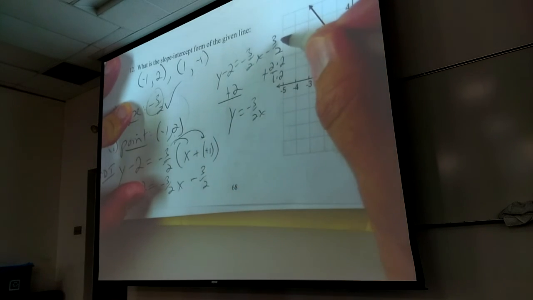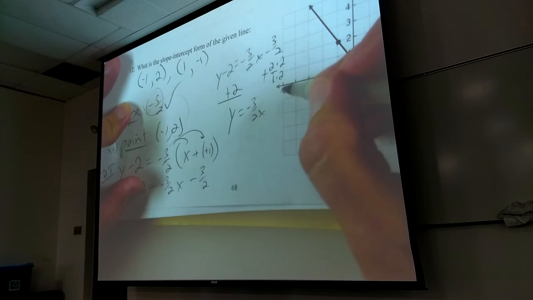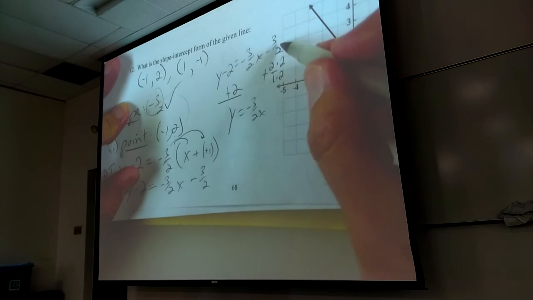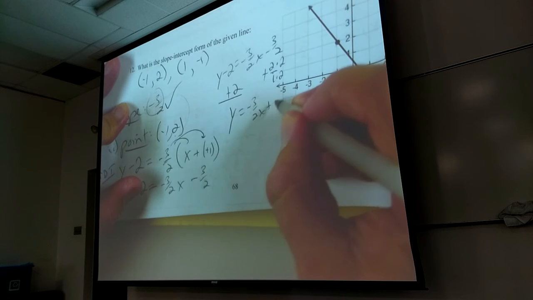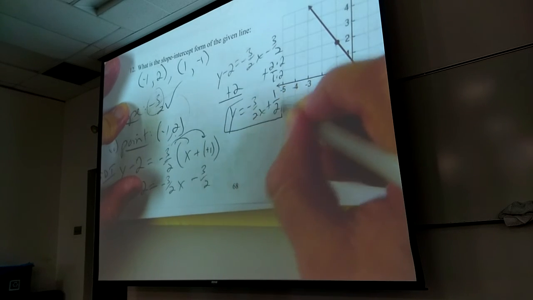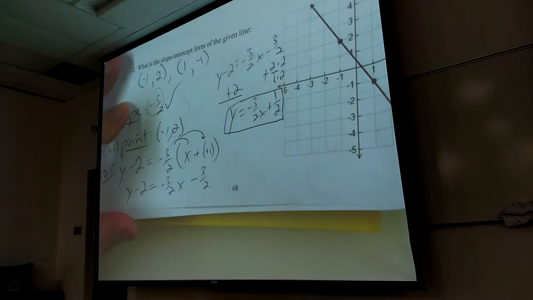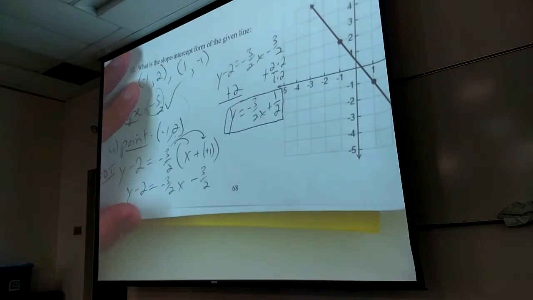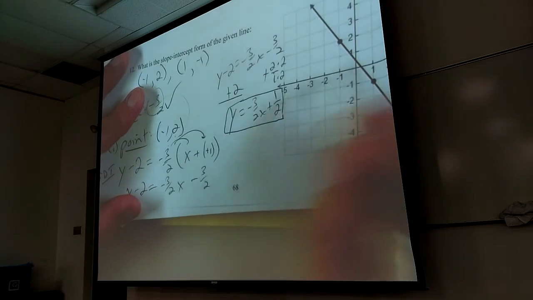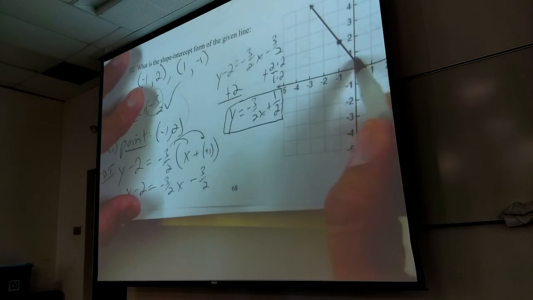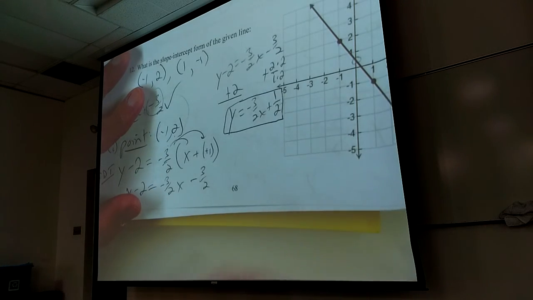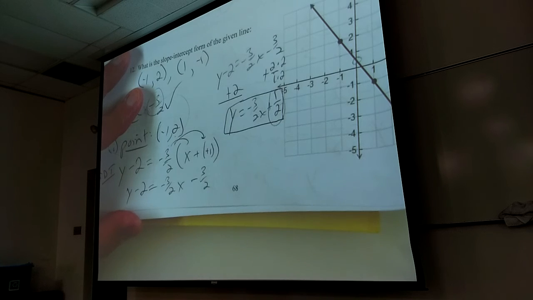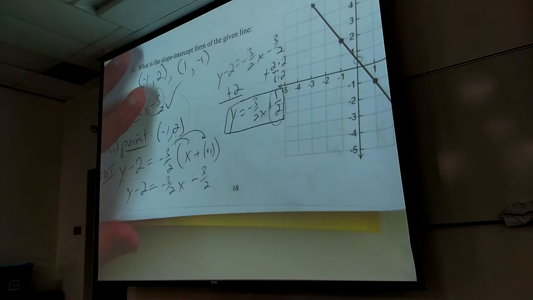And what's negative 3 halves plus 4 halves? Negative 3 halves plus 4 halves is 1 half. Does that match with what we see here? It looks like that could be 1 half there, right? That's what this says the y-intercept is, and that matches with what it looks like. I like it.